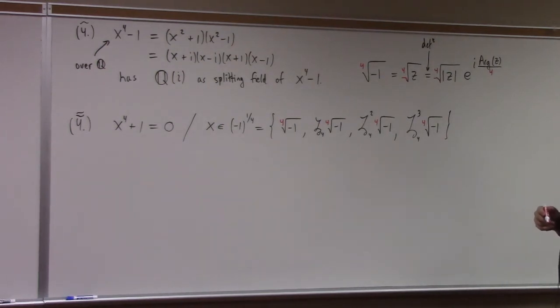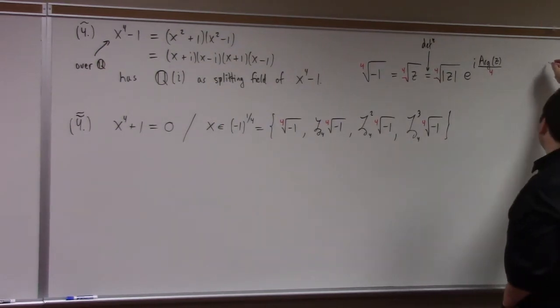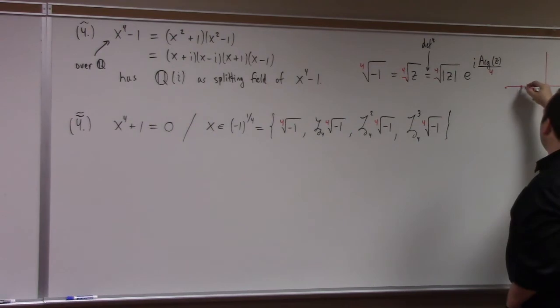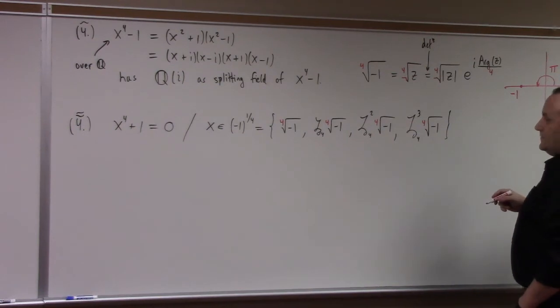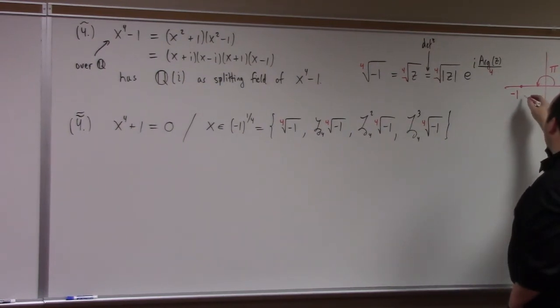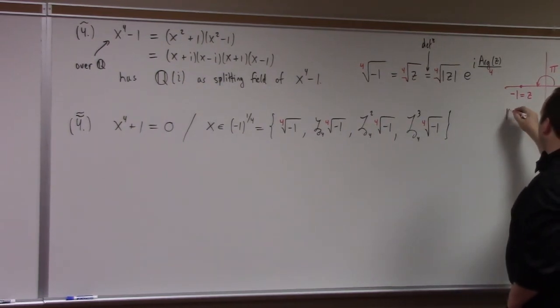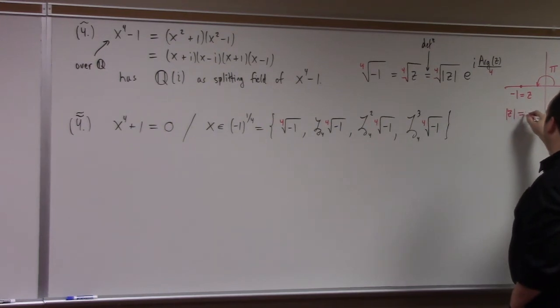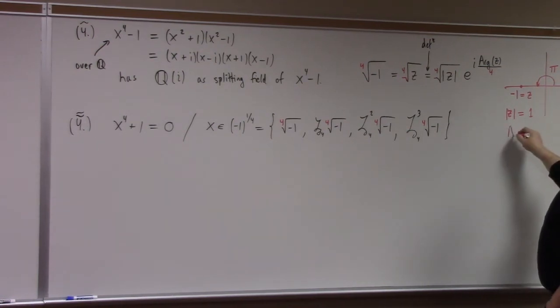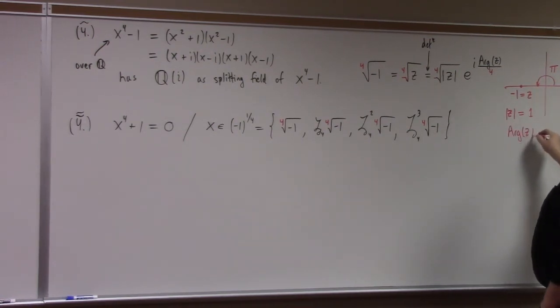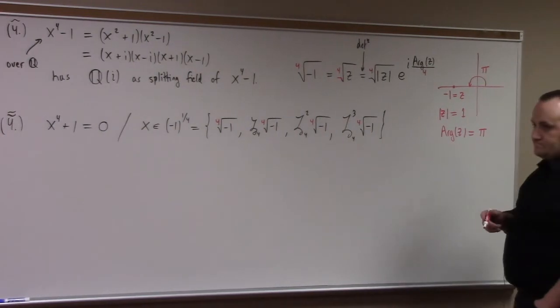So what is minus 1 in the complex plane? It's here, right? In terms of the standard angle, that's pi. What's the length? If this is z, what's the modulus of z? It's just length 1, and the argument, arg z, is pi.